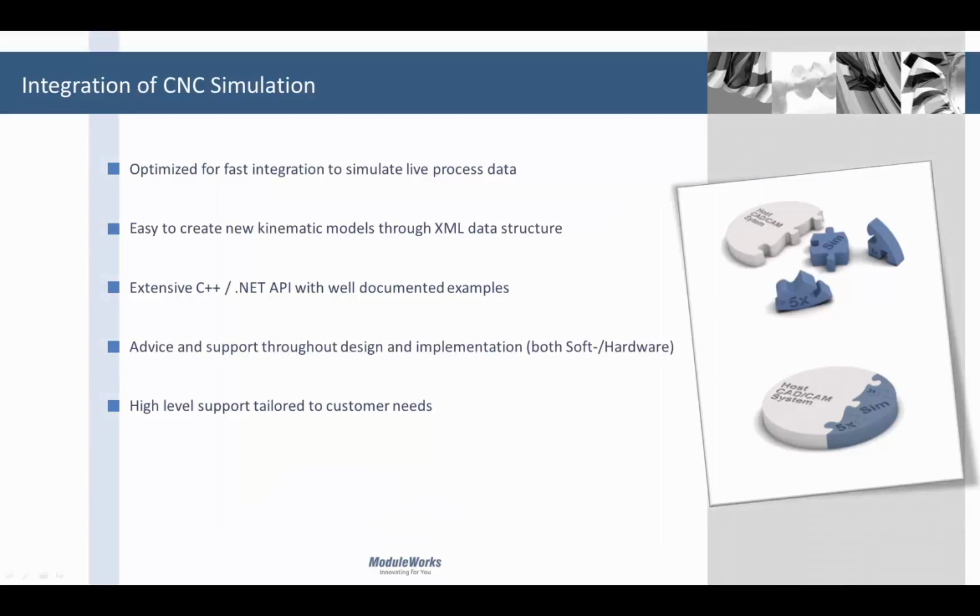Okay, let's move on to the integration of CNC simulation. Our modules, our components are optimized for fast integration to allow you to simulate live process data as easily as possible. It's quite straightforward to create the kinematic models because you only need an XML file structure which defines the whole kinematic chain.